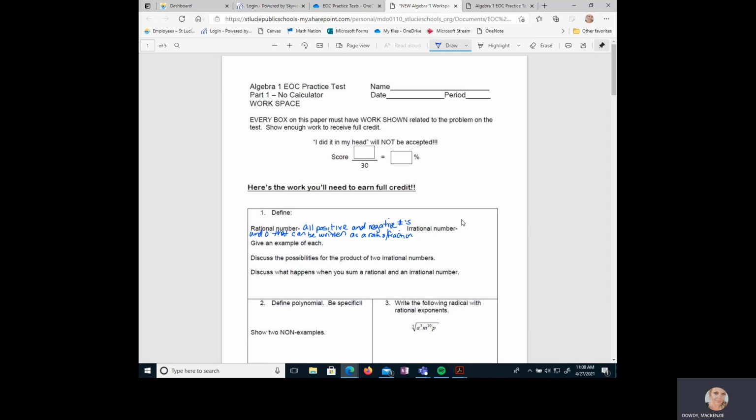An irrational number is a number that cannot be expressed as a ratio or a fraction and is not an imaginary number.